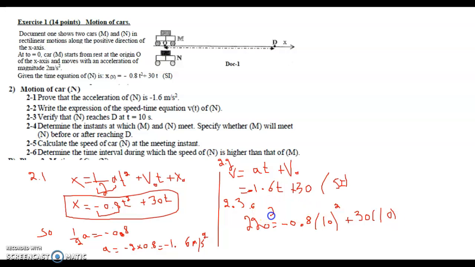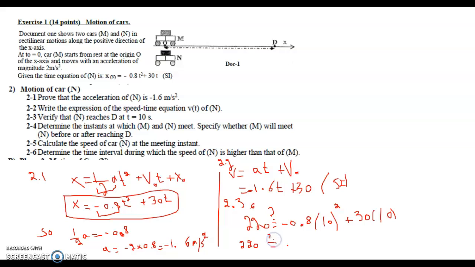There's a question mark here. We are not sure yet if this is true or not. We are checking if t equals 10 verifies the equation for xd equal to 220. So we keep the question mark until we reach a part where the two sides of the equation are equal to each other.